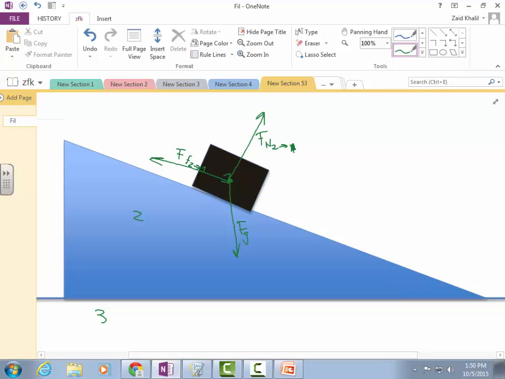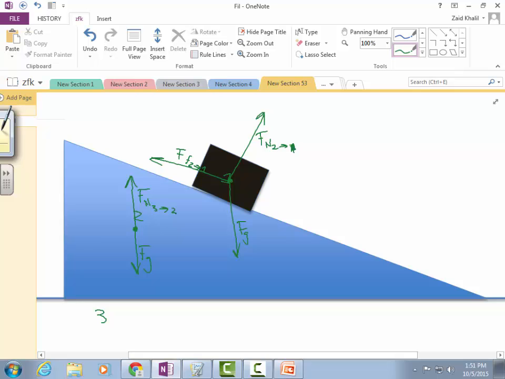What are the forces on body 2? Gravity. So we have Fg. What else? Fn of 3 on 2. What else?